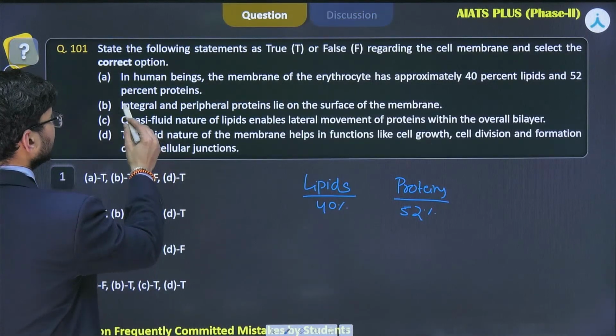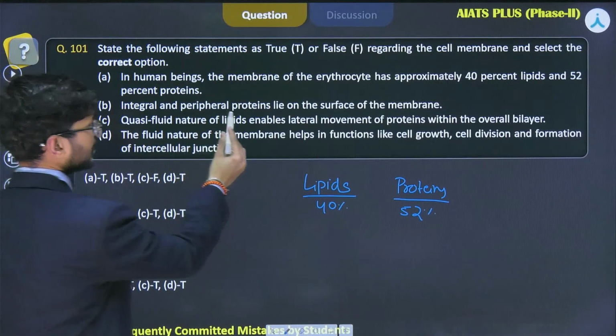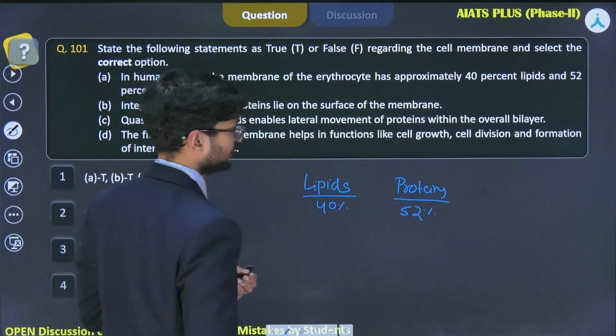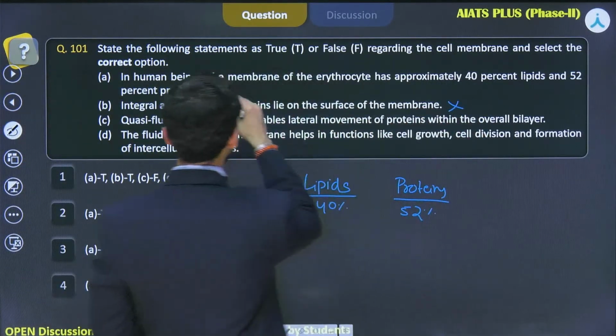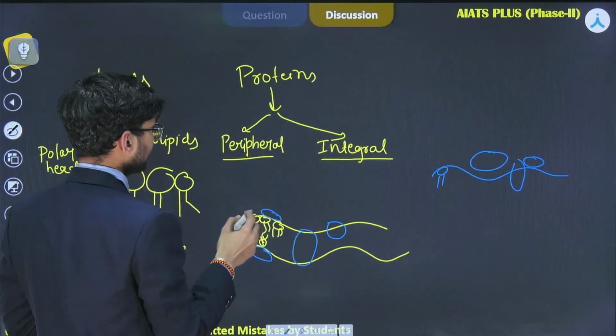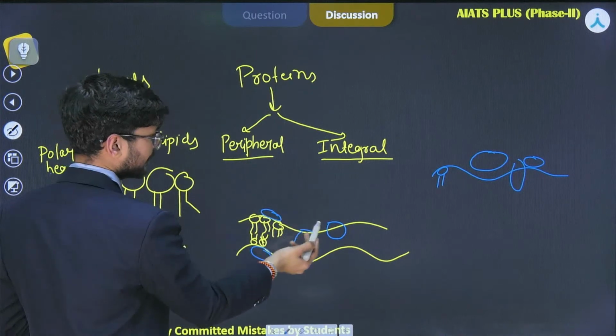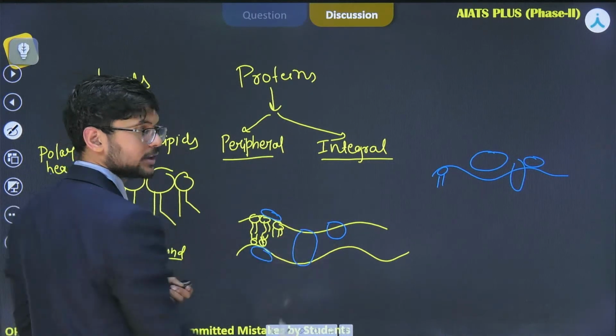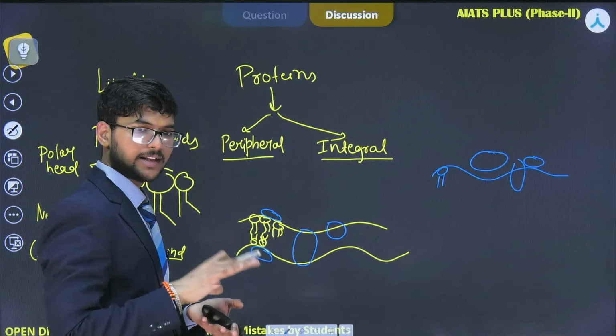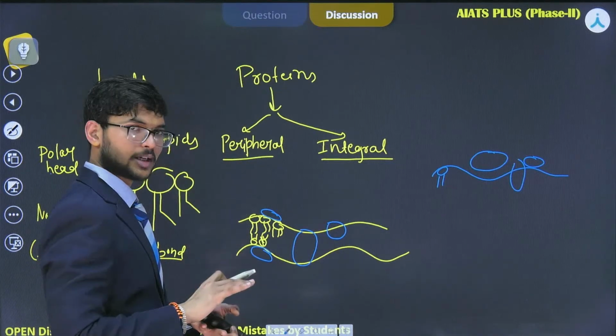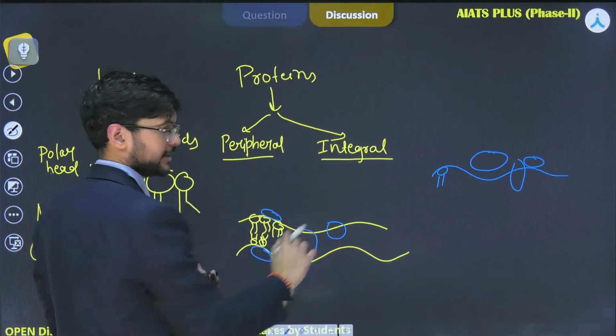Here it says the integral and peripheral proteins lie on the surface of the membrane. No, this option is incorrect, because as I have discussed in this slide, they are divided into peripheral and integral, and peripheral proteins are present on the periphery, whereas integral proteins are either embedded or partially embedded in the plasma membrane.